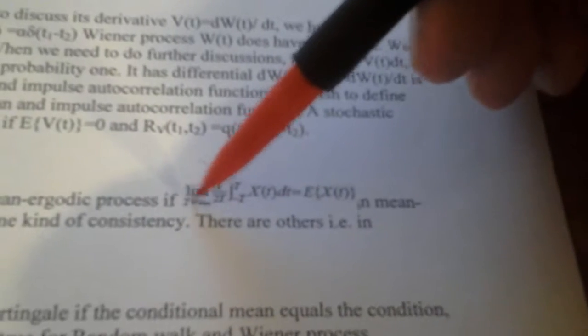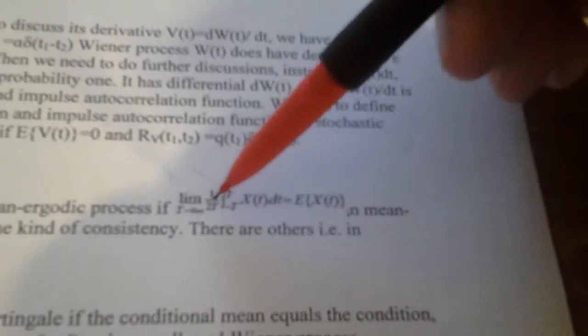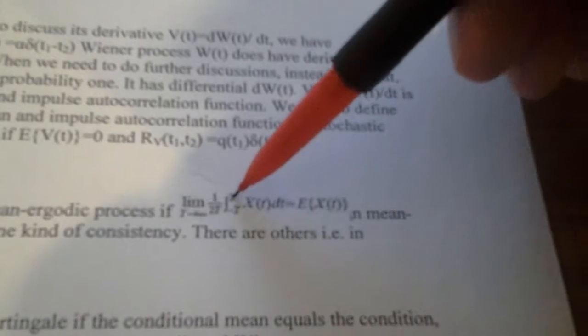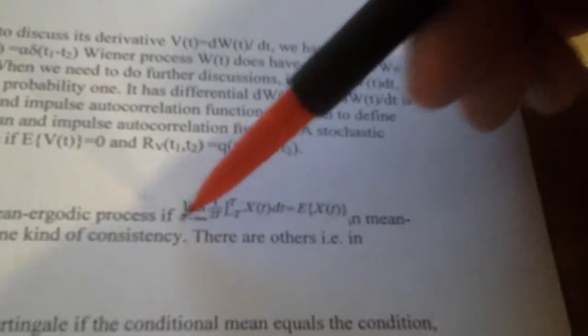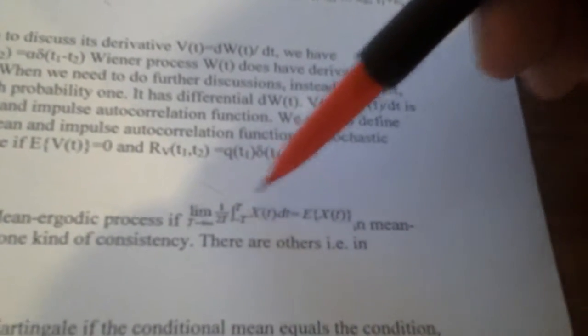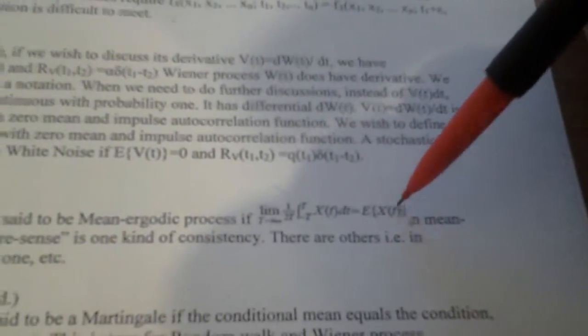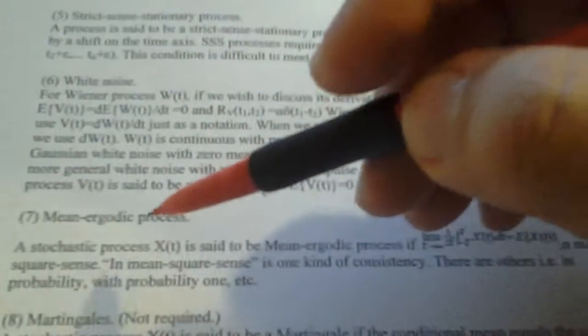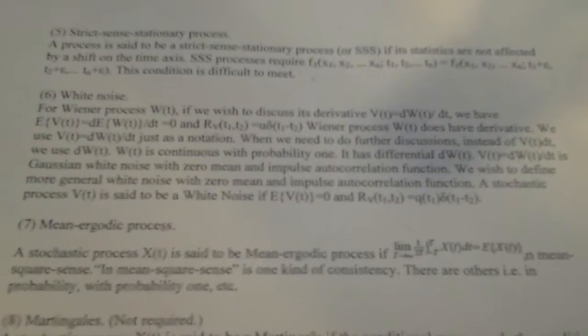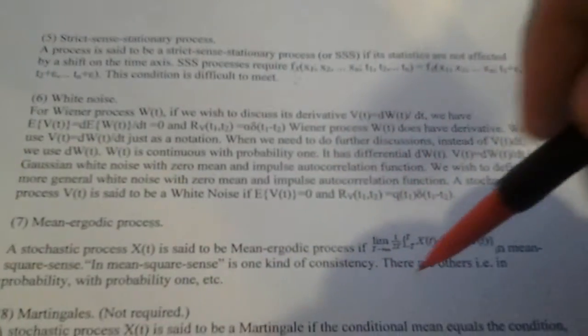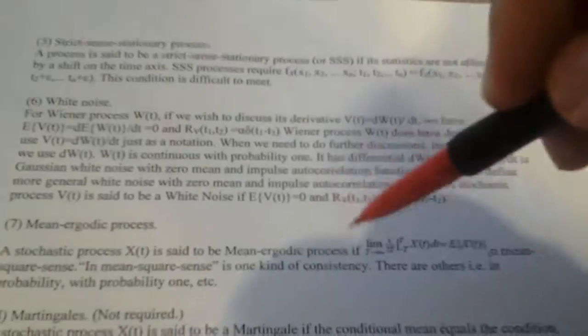If the limit, as some time interval t approaches infinity, of 1 over 2t times the integral from negative t to positive t of this stochastic process equals the estimated mean value of the stochastic process, then it is said to be mean ergodic. That becomes important for problem 3 of this homework, which we won't talk about here in the recording. This applies in the mean square sense.